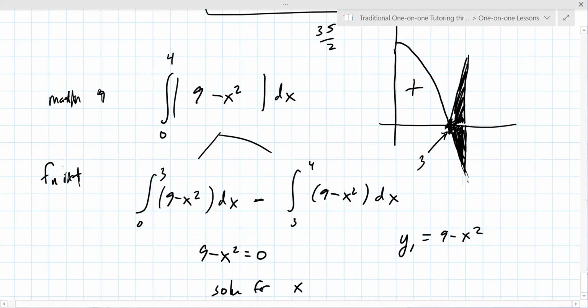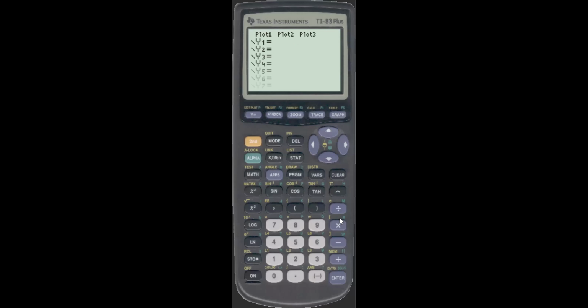Let me pull up the calculator. I guess we're not speaking the same language here, so let me try something different. What I see when I put 9 minus x squared in is an upside down parabola, basically. Let me share this. This is the old style, so it's not going to look as nice as that, but it's 9 minus x squared.